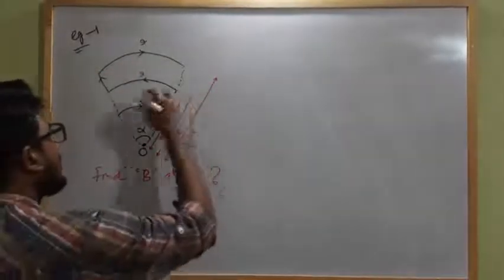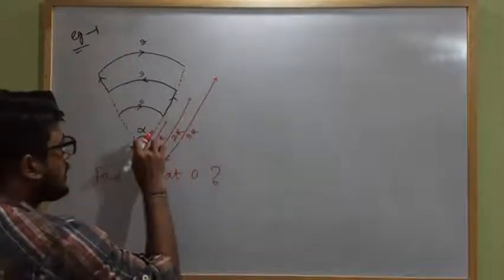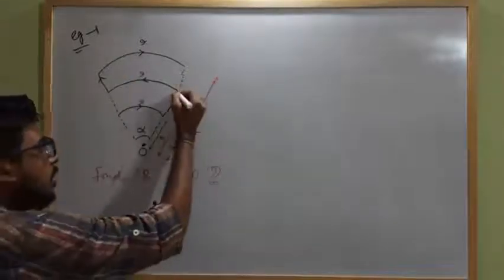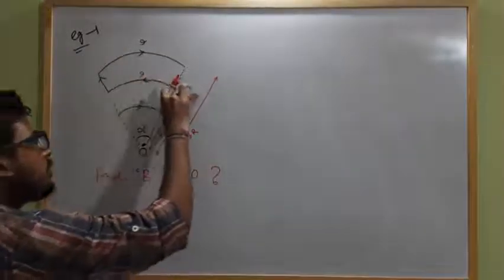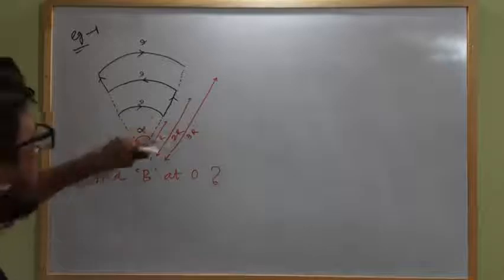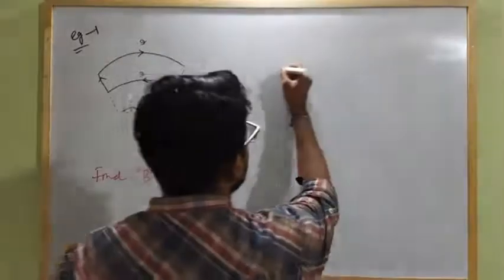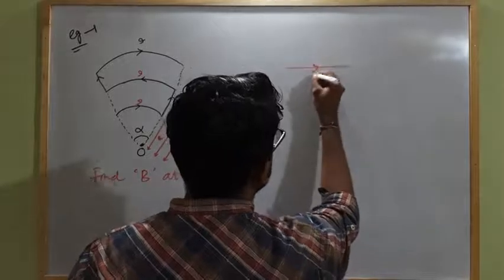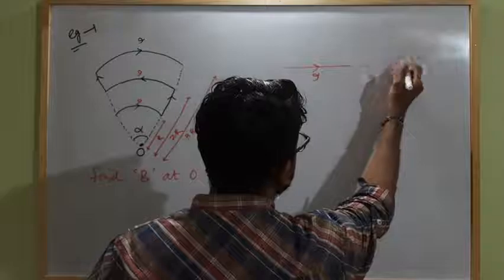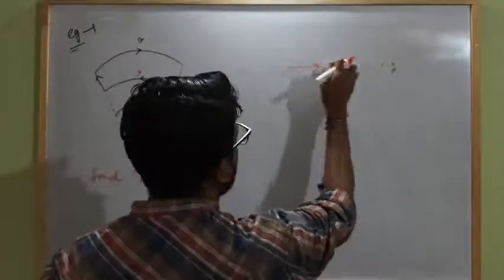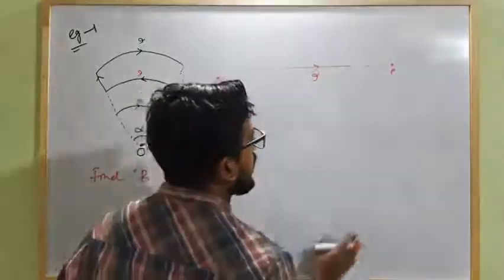And for these two segments, which are like straight current carrying conductors, as the point of observation O is along this line and also along this line, the magnetic field strength at point O due to these two segments will be 0. We already discussed that if here is a current carrying conductor carrying current I, and here is a point of observation P, then the magnetic field strength at this point due to this conductor will be 0, because it lies along the line of the current carrying conductor.